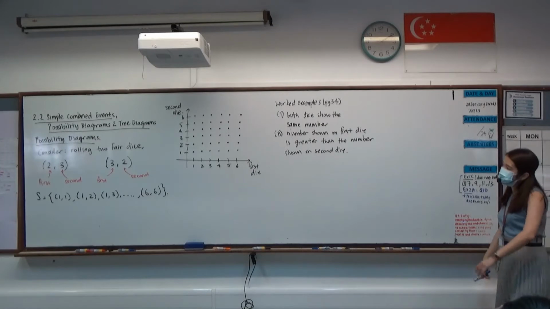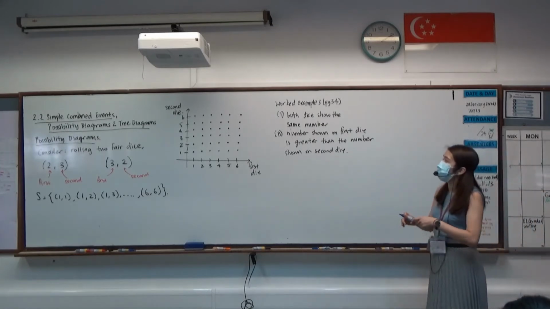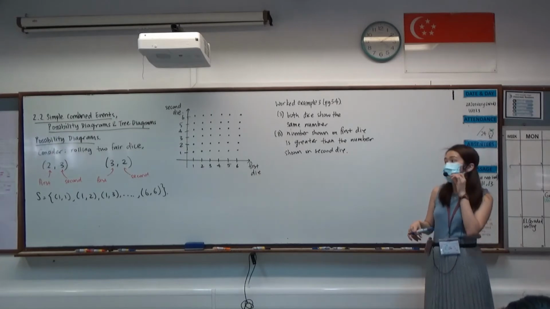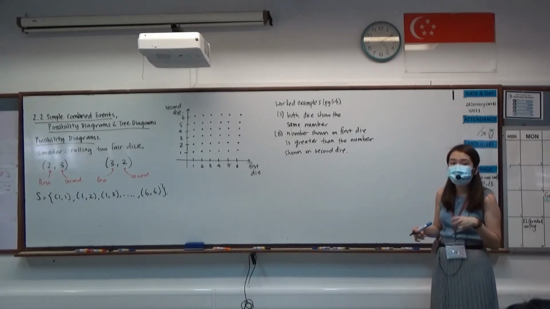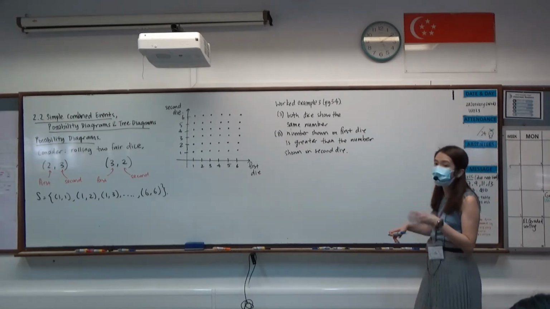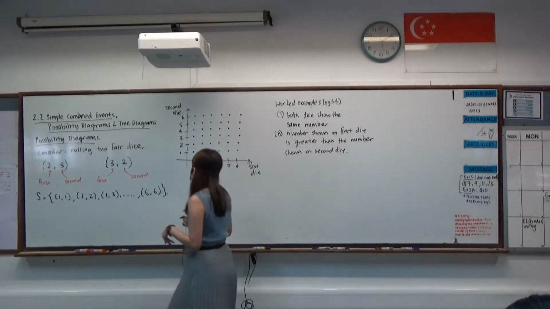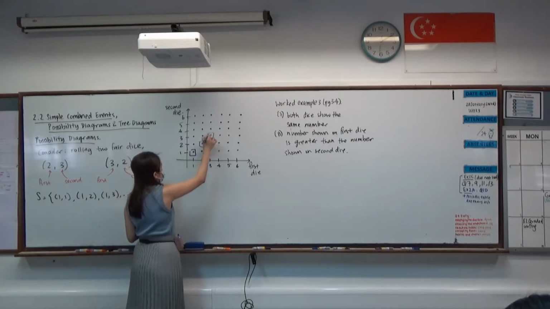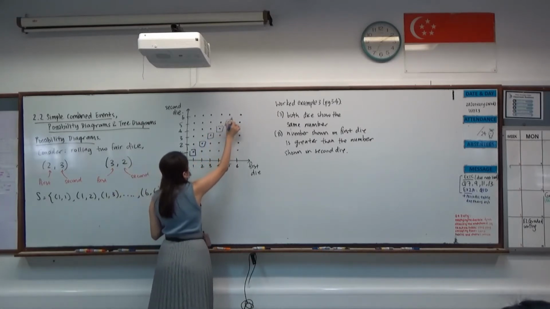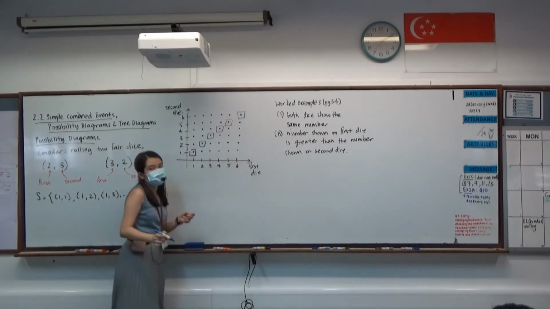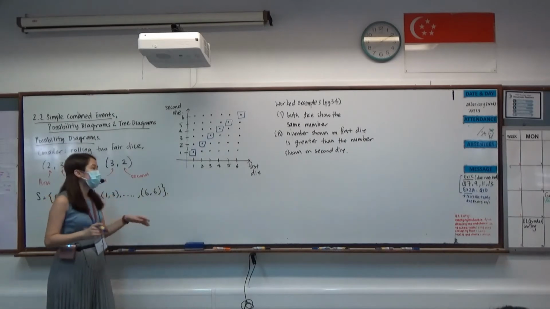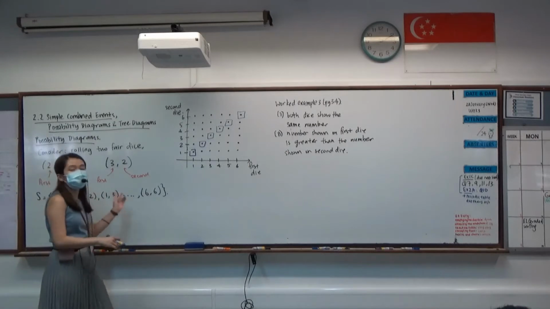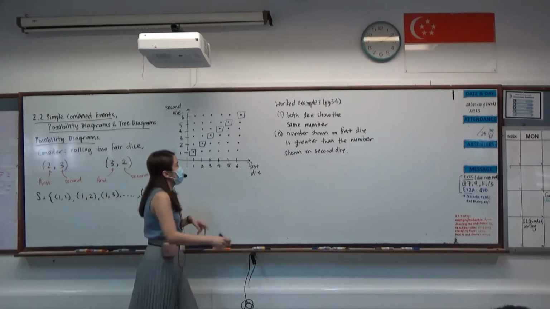For the first situation, we want to find the probability of both dice showing the same number. From a possibility diagram, we are able to visually see where that lies, and that will be when 1, 1, 2, 2, 3, 3, 4, 4, 5, 5, and 6, 6. I don't need to go through the entire list and spot it, although of course same numbers might be easy to spot.